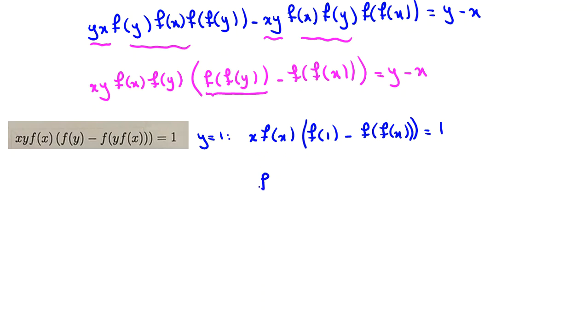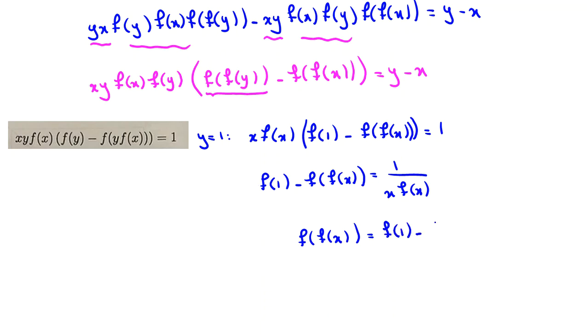Because the problem says x and f of x are positive, we divide both sides by x f of x, and now we take it to the right side, so f of x will be negative: f of 1 minus 1 over x f of x.